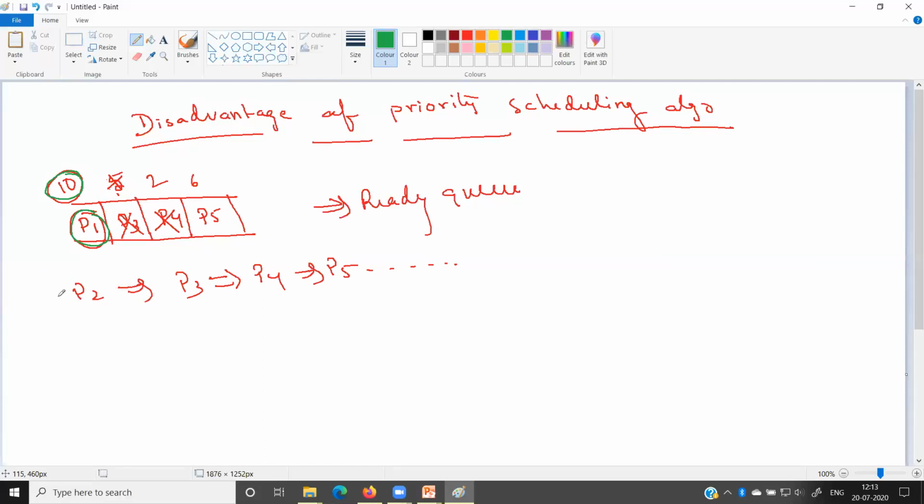If these processes continue, and each and every time a new process is added to the ready queue whose priority is higher than P1, those processes will get the chance first and P1 will not. So P1 will always wait in the ready queue.